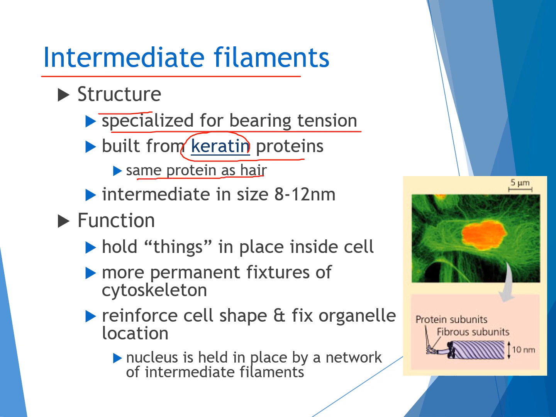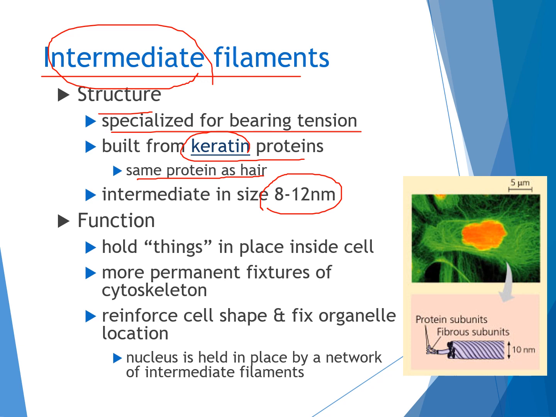So we call it intermediate filament first because they are the ones who actually cross-link the microfilament to microtubules, and also it is intermediate in terms of size between the microfilament and the microtubules. Okay, microtubules are the biggest one.